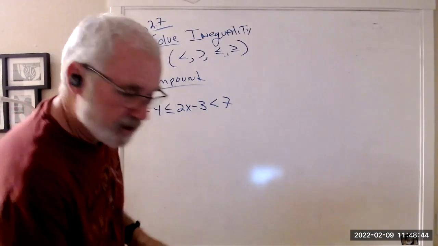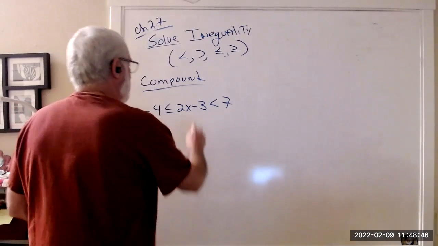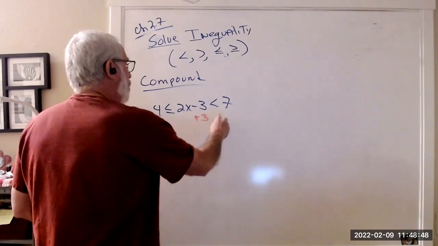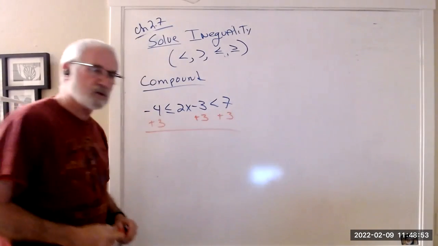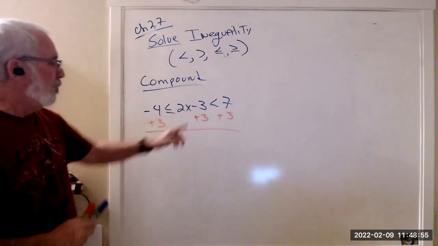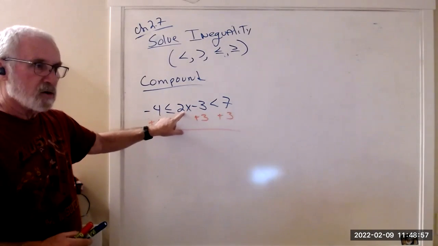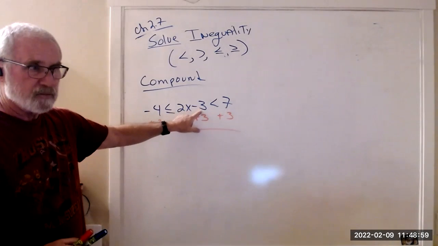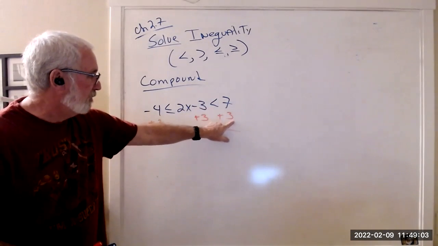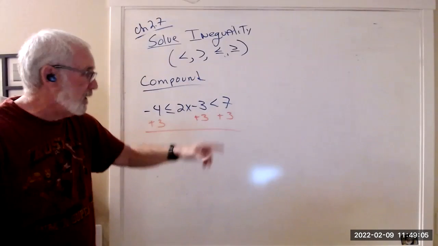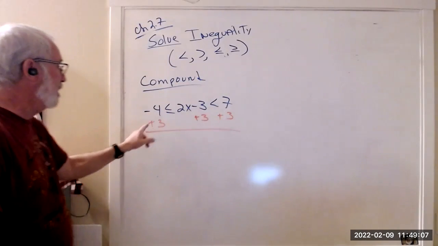We can't change that, but we want to get it by itself. So the first thing we're going to do is add 3 to all 3 sides. I know that makes no sense, but we want x to be alone, so we want to get rid of the 3 in the middle, then we have to balance it. We have to add 3 on the right, 3 on the left.